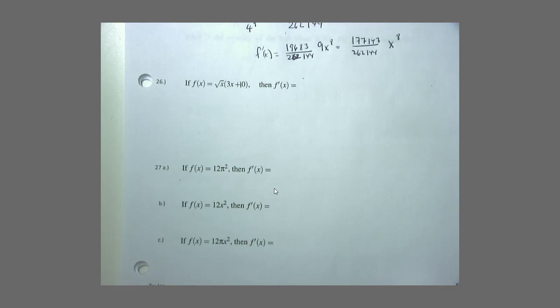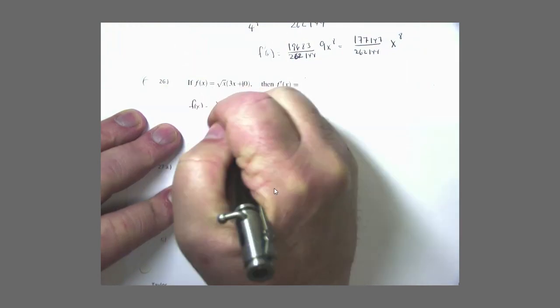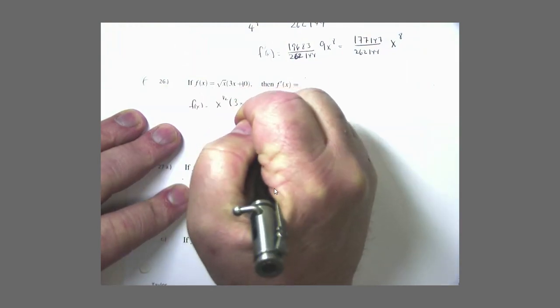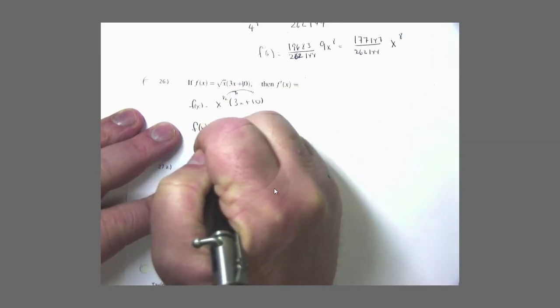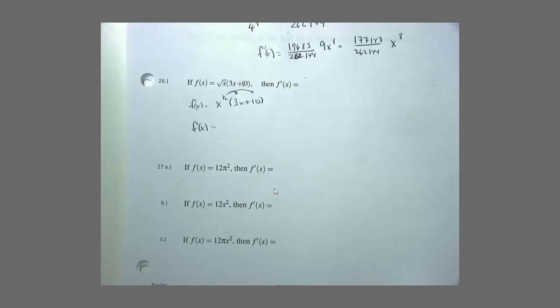First things first, I don't do square roots. What's a square root? Half a power. So this is x to the 1/2 power times 3x plus 10. And now I'm going to distribute. I have yet to take a derivative. I'm just cleaning up the algebra. But when I multiply, I add exponents.